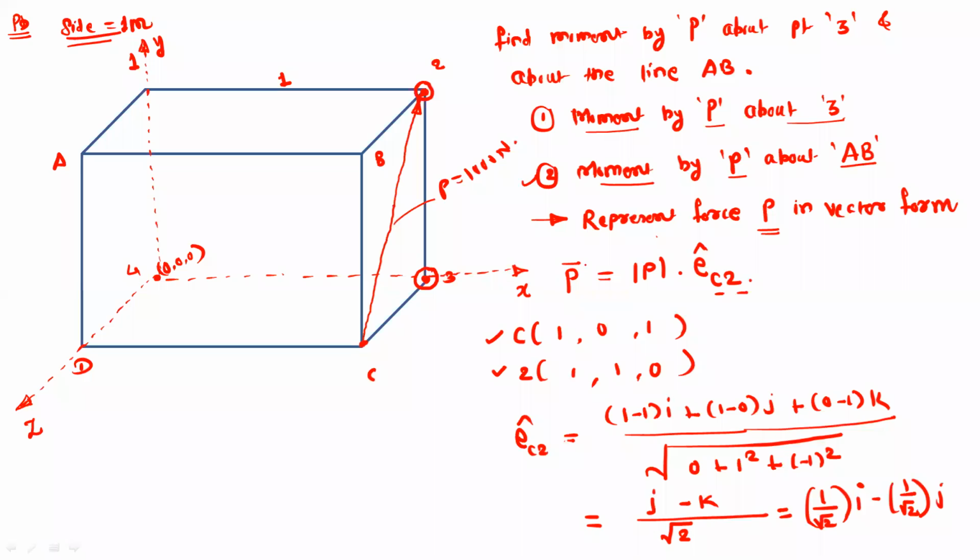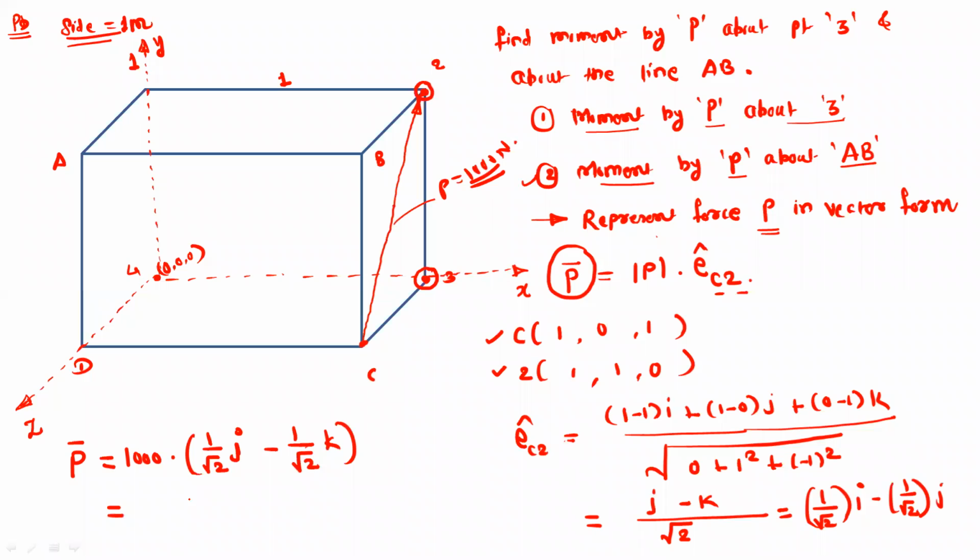Now from this unit vector, find out the complete vector P bar. So this P bar is equal to mod P, that is the magnitude, which is 1000 Newton, into the unit vector, 1 upon root 2 into j minus 1 upon root 2 into k.